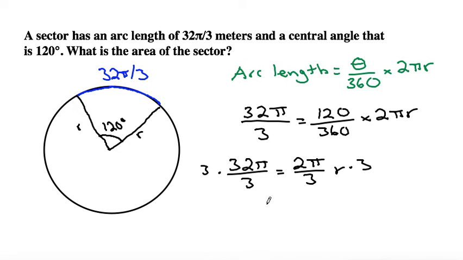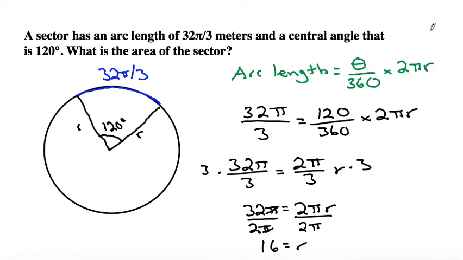The 3's in the denominator clear out on both sides. That makes 32 pi equal to 2 pi r. To finish solving for r, we divide both sides by 2 pi. The pi's cancel out, and 32 divided by 2 is 16. So the radius of this circle is equal to 16.